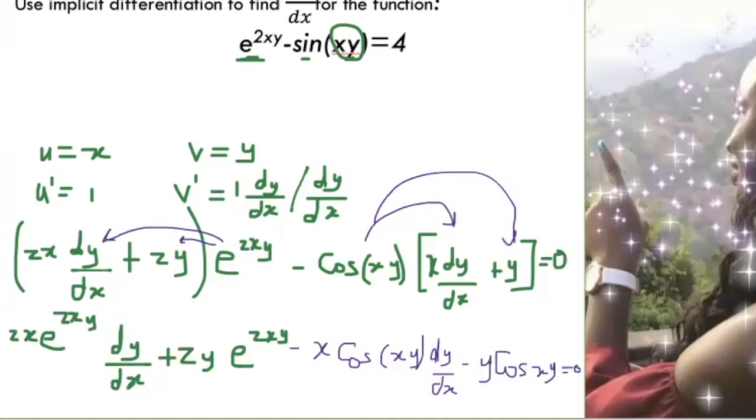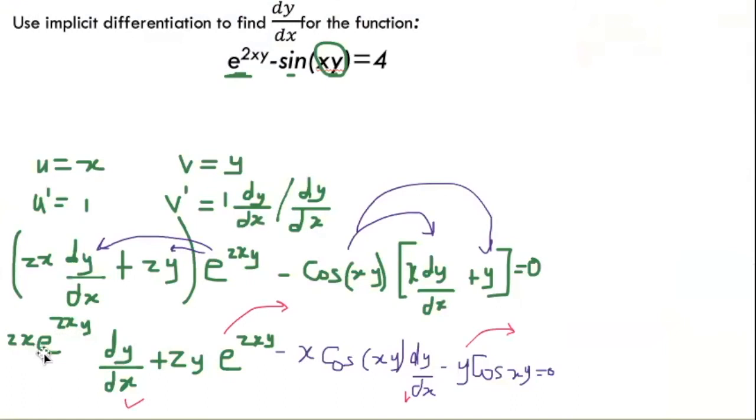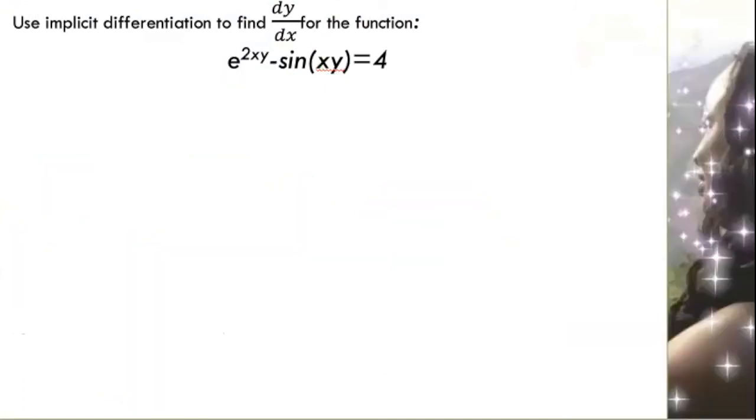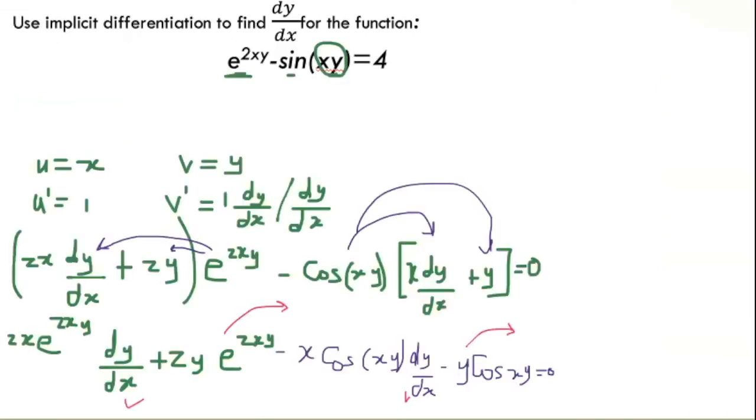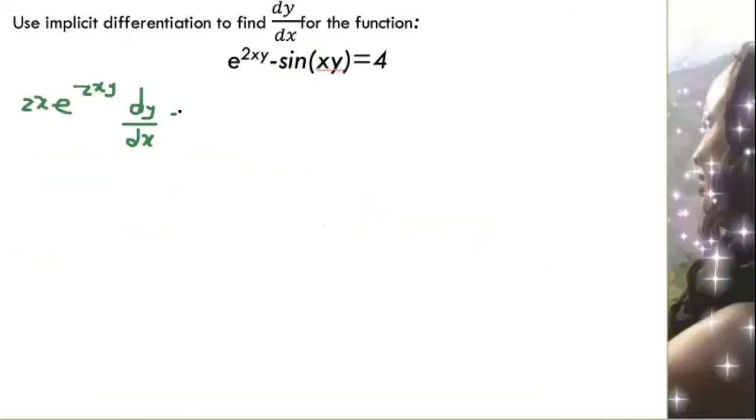Now the dy/dx terms will be left on the left. So I'm going to write the 2x e to the 2xy dy over dx first. Now this other one has dy/dx, so I'm going to attach it together with the next dy/dx.